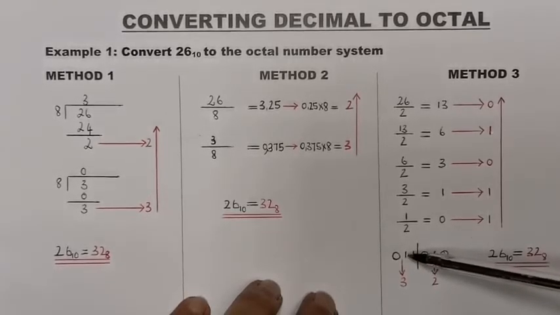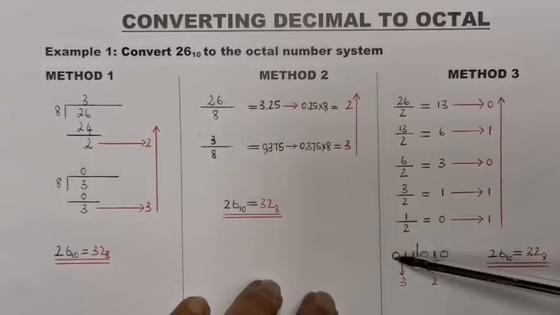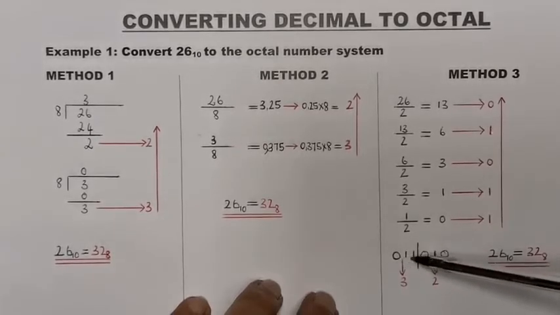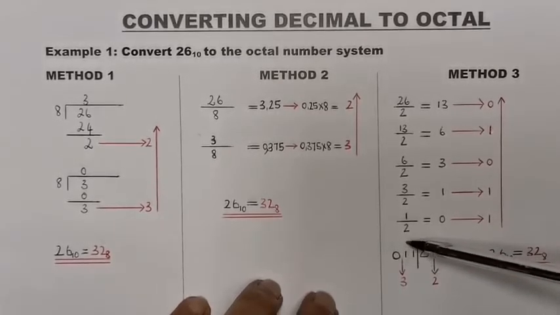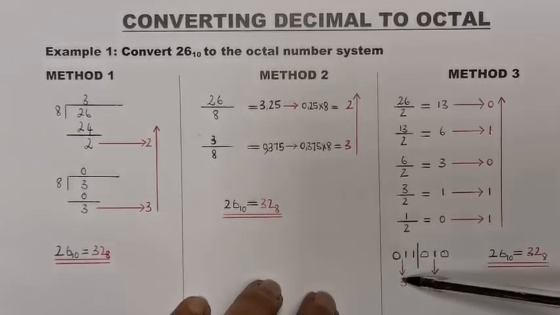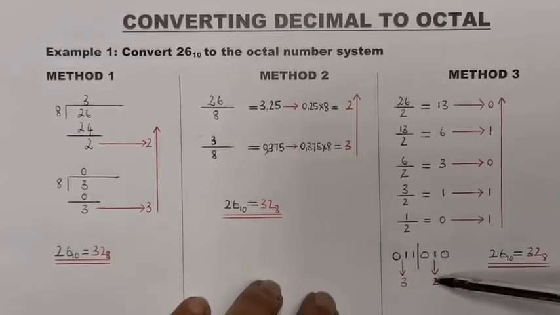When we wrote this down we didn't have a 0 there, so I added a 0 just to make it 3 digits. I can't add a 1. If I add a 1, I'm going to change the whole binary value, and that will be 7. When I add a 0, it's just a placeholder, which means the binary number stays the same. So that will be 3, and that will be 2.